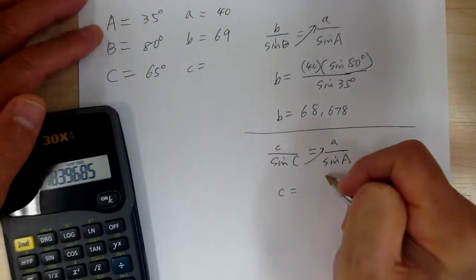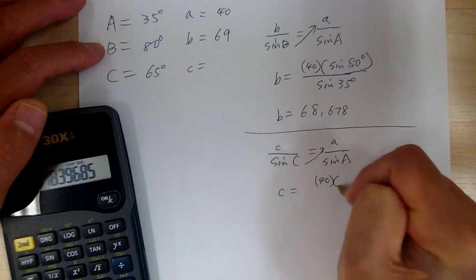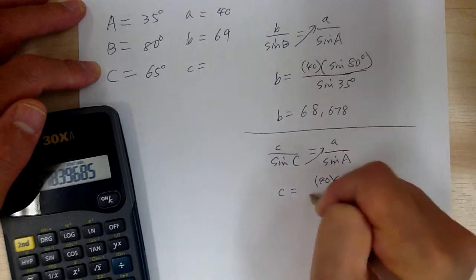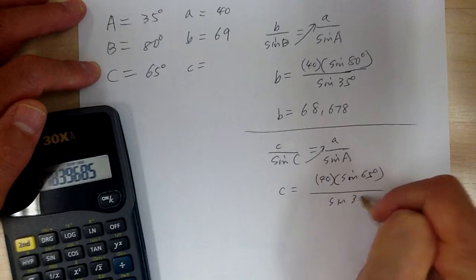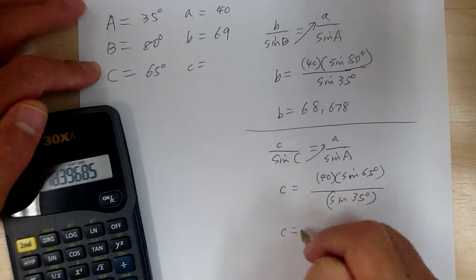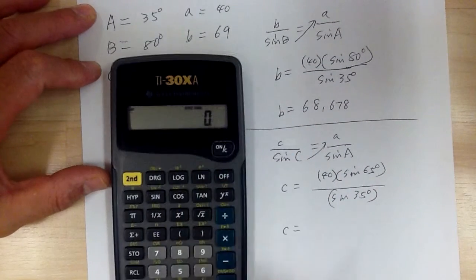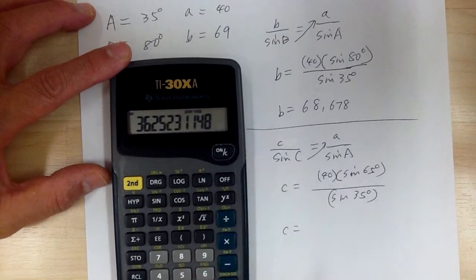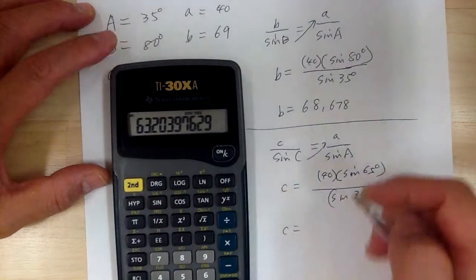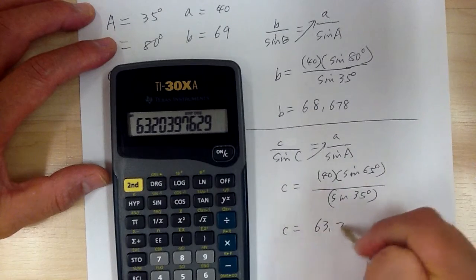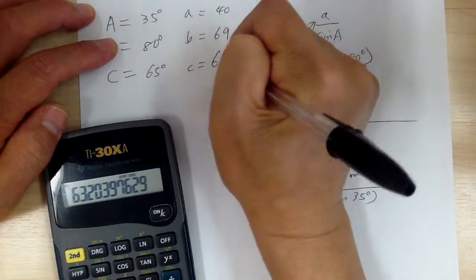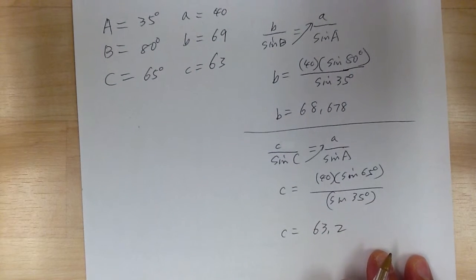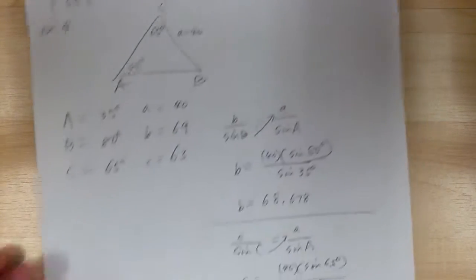So C equal to 40 times sine of 65 degrees over sine of 35 degrees. Okay? Again, it's very quick. So 40 times sine 65 divided by sine 35 equal 63.2. So it'll be 63, and that's it. And we're done. Okay? So let's go and do some practice.